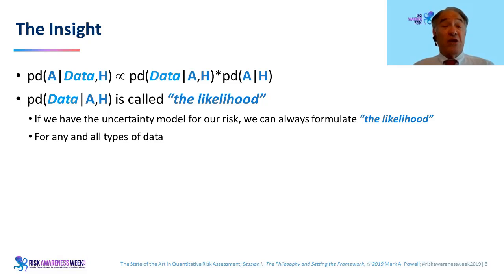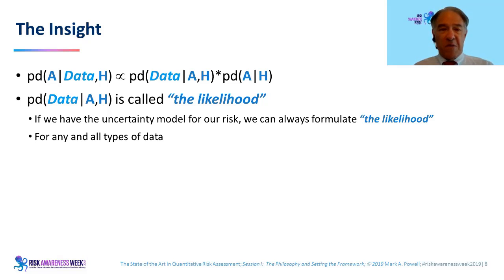And, in fact, you can use that for any and all types of data. When I talk about that, the distinguishing point that I want to make is most people are used to, from their probability statistics courses, using actual observed data. But there are other types of data. For example, and you will see this in session 3 in spades, there are censored data. The fact that something did not occur.